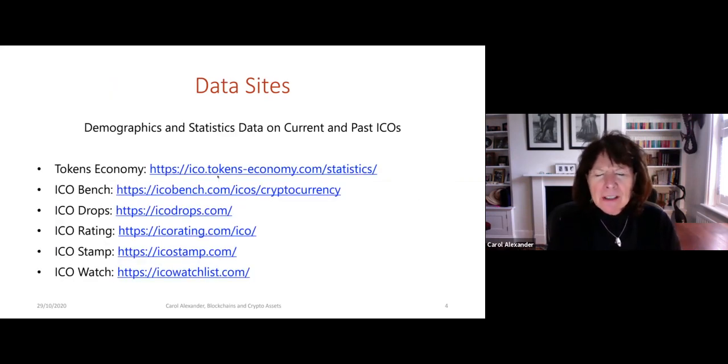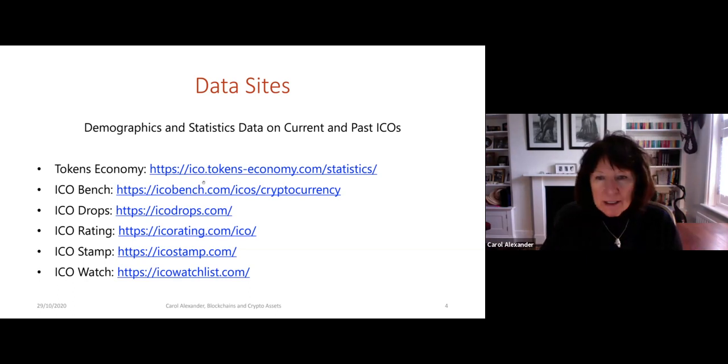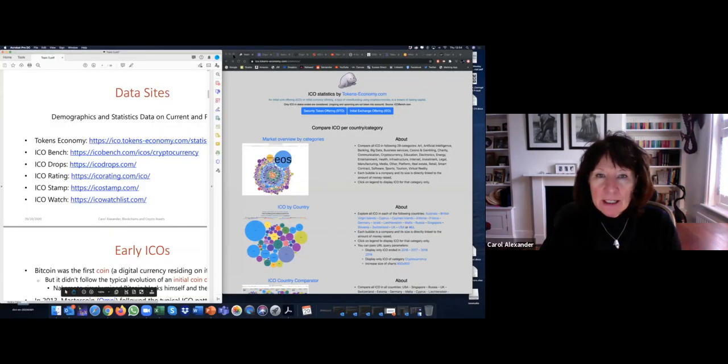Now, there's lots and lots of data sites, and in particular, some of these are what we call ranking sites, more of those in topic 6. So I won't go into detail here about what a ranking site really is and the role it plays. Let's take a look at those. I've opened some of them. I like Token Economy. I think that's one of the nicest ones. That's this one here.